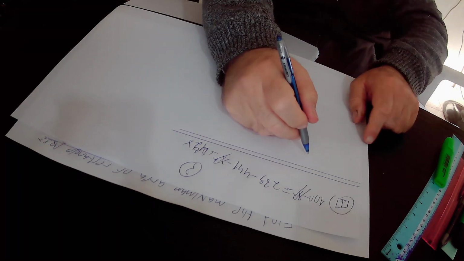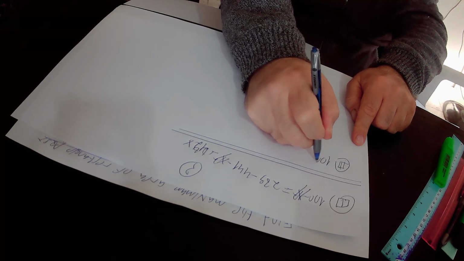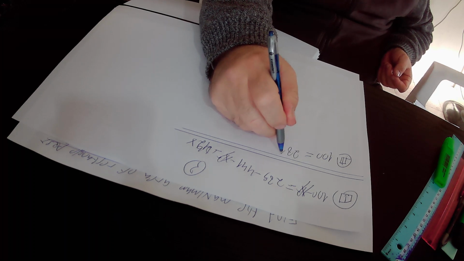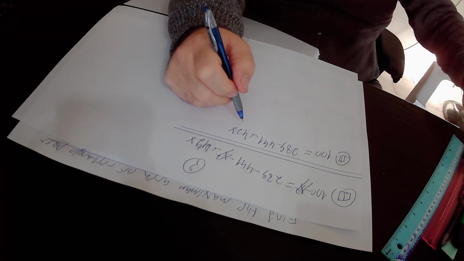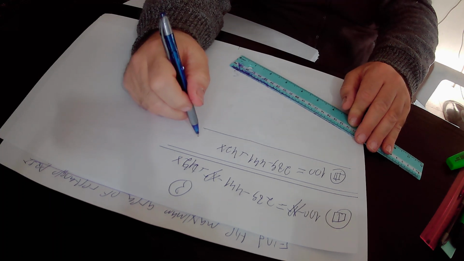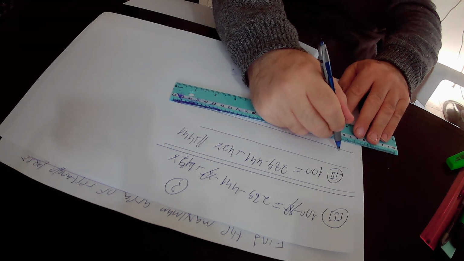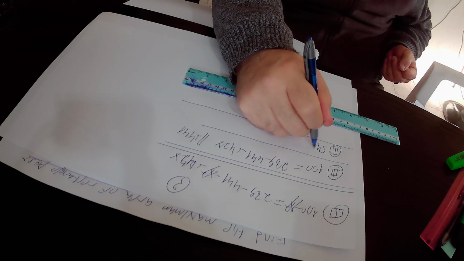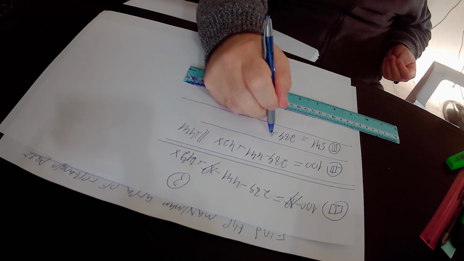On one side of equation 3 we are left only with 100, and it is equal to 289 minus 441 plus 42x on the other side. So 100 plus 441 is 541, and it equals 289 plus 42x.